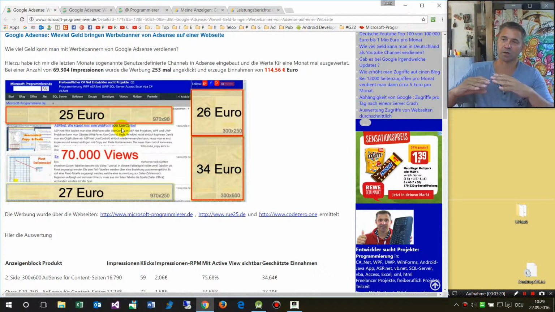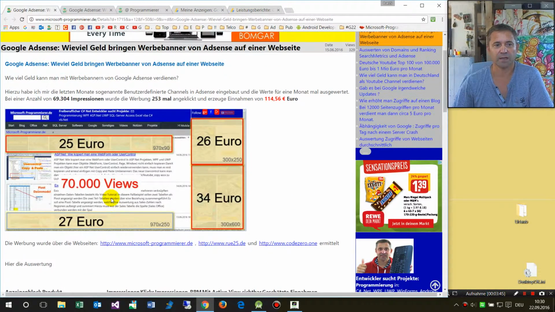A banner, an ad block on the top gets about 20, in my case 25 euros, and all stuff on the top or next to the menu on the top level or left and right side in the main areas makes a lot of money. But also on the bottom side, I made the same amount, the final bottom side, like this one.